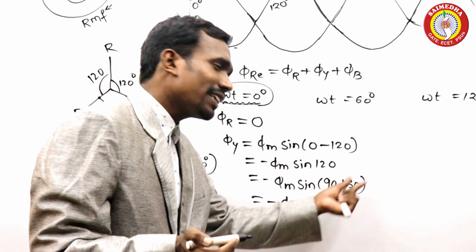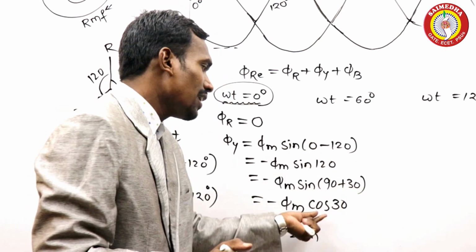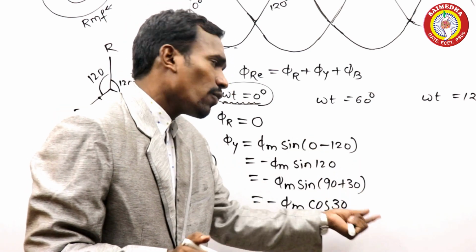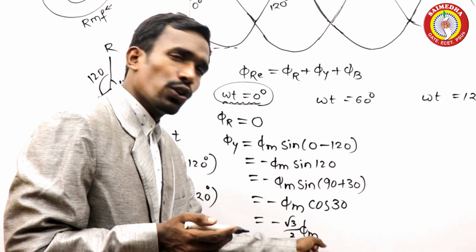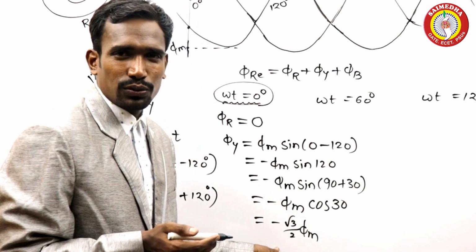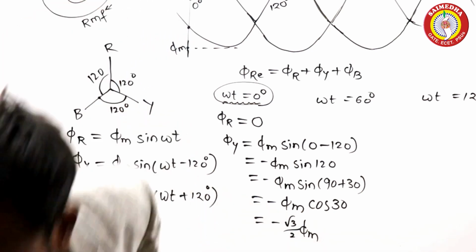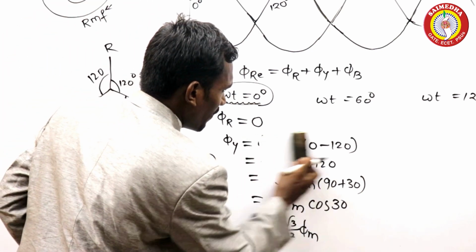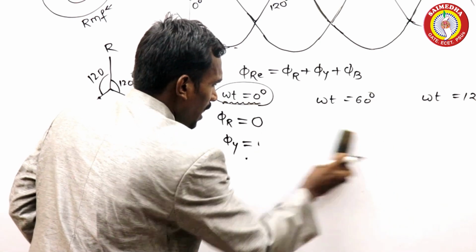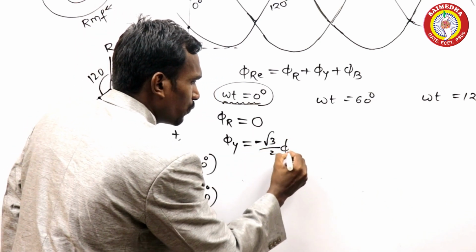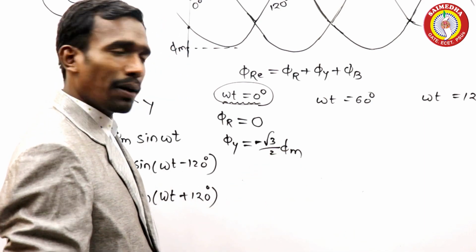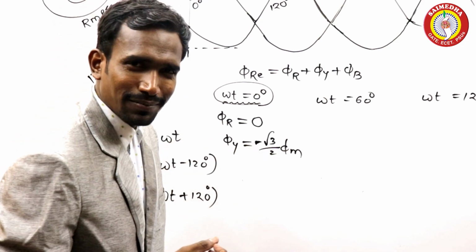That's why sine 90 plus 30 can be written as cos 30. We know that cos 30 value is root 3 by 2, so root 3 by 2 into phi m with negative. Finally, I'm taking the answer minus root 3 by 2 phi m.